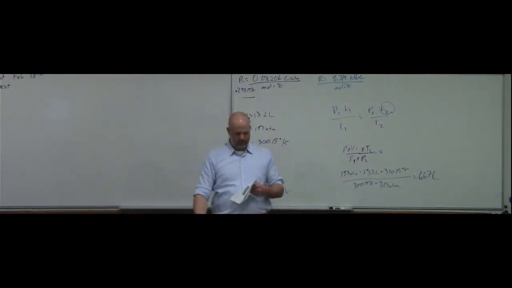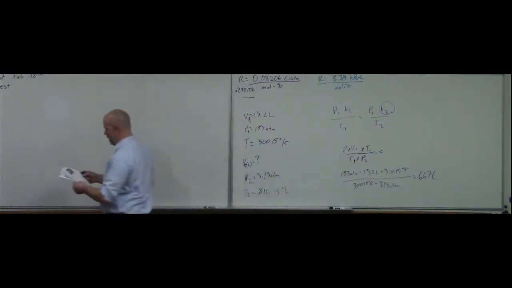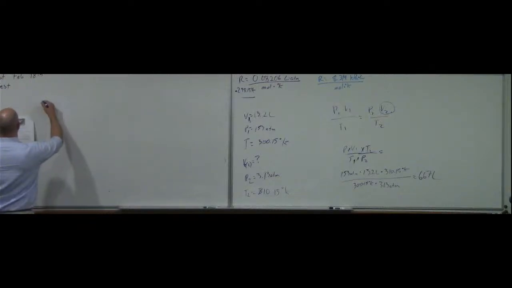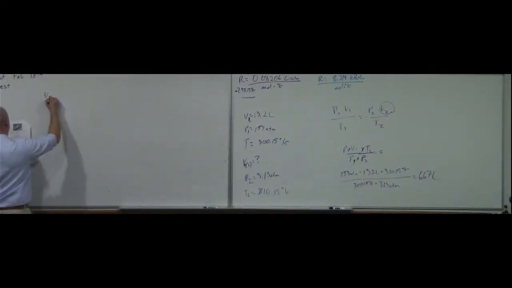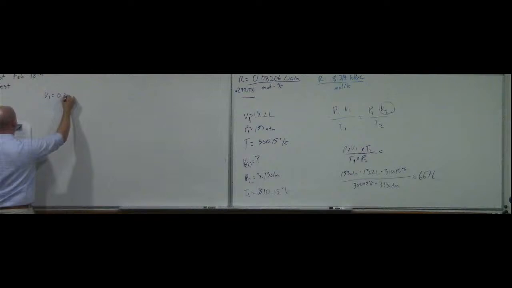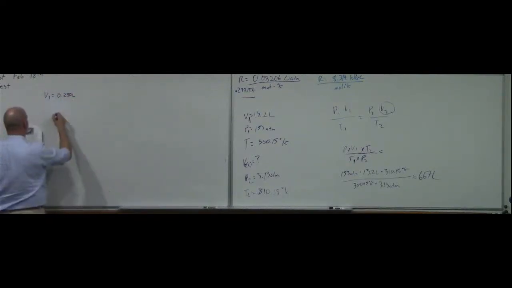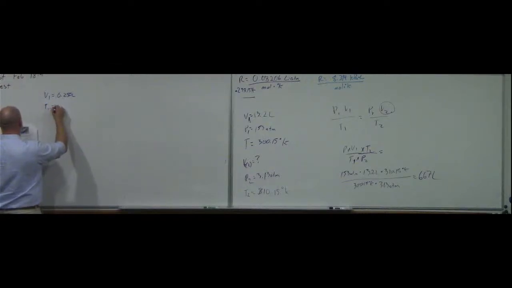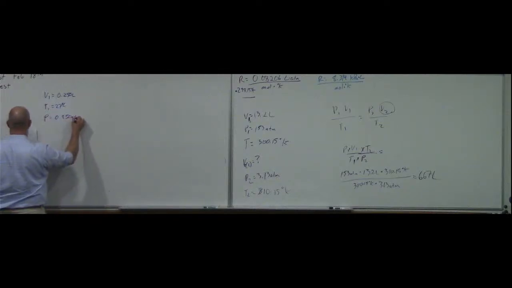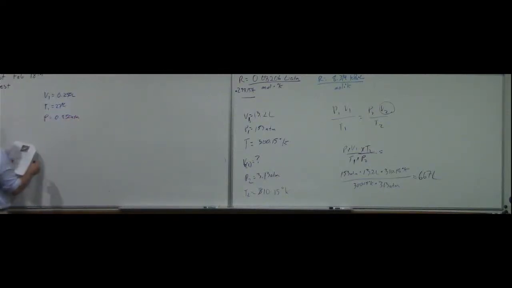Okay. The sample of ammonia is found to occupy, so I got volume 1 equals 0.250 liters, in laboratory conditions of T1 equals 27 degrees centigrade and pressure 1 equals 0.850 atmospheres. Find the volume of the sample.